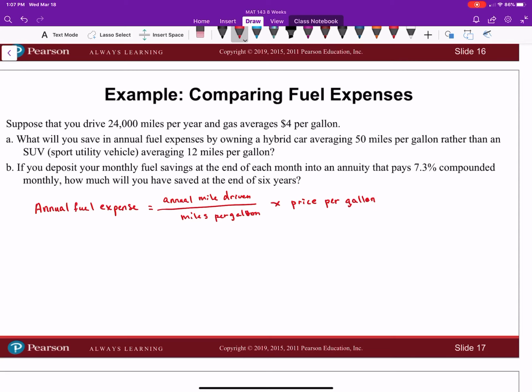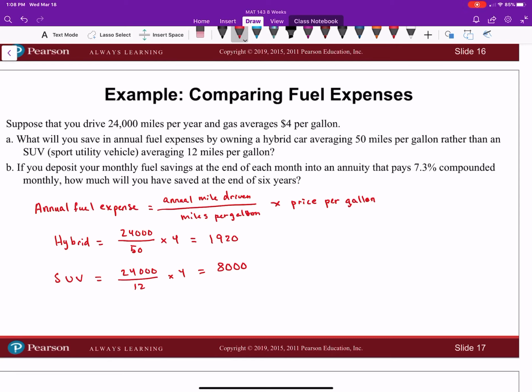All right. So for the hybrid equals 24,000 over 50 miles per gallon times the $4 that you have to pay. So it'll be $1,920. The SUV is equal to 24,000 over 12 miles per gallon, of course, times the $4 per gallon, which is equal to $8,000.